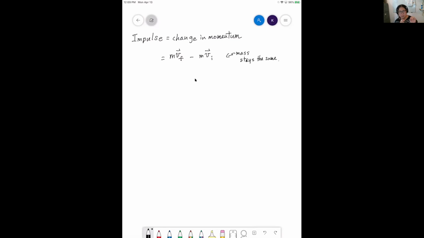What is a change in velocity? What's the definition of a change in velocity? When velocity changes, it means you have an acceleration. How can an object be accelerated? By Newton's second law, in order for an object to accelerate, you have a non-zero net force. So let's put all these things together.